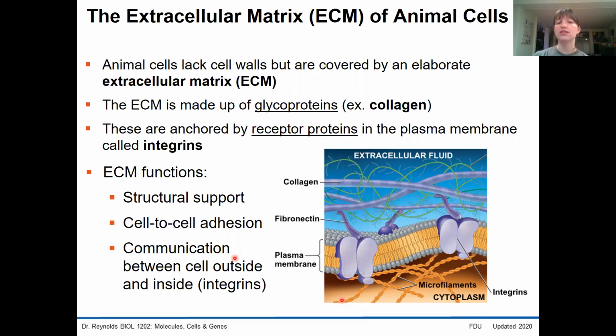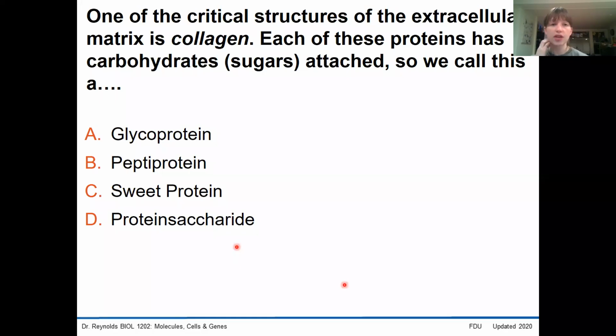The proteins that span this membrane, called integral proteins or integrins, are capable of connecting the outside to the inside. So one of the critical structures of the extracellular matrix is collagen. Each of these proteins found outside of the cell has carbohydrates or sugars attached.